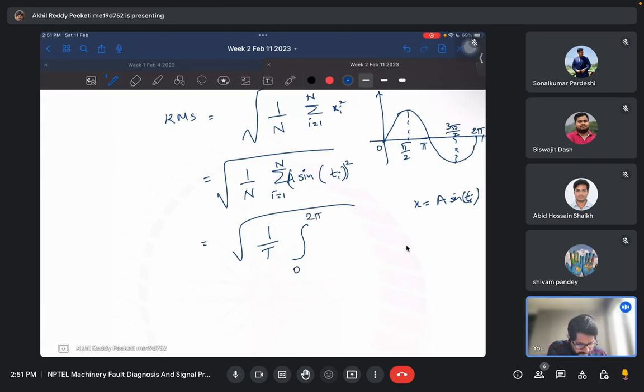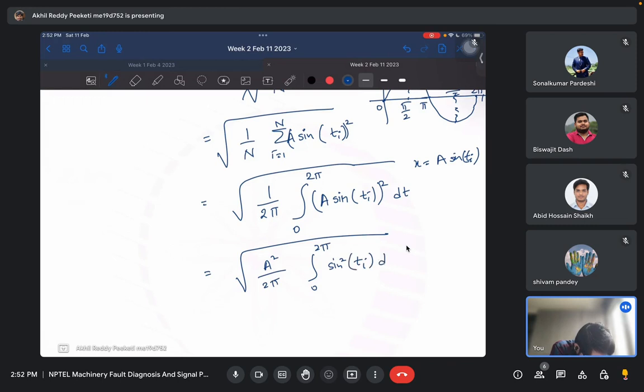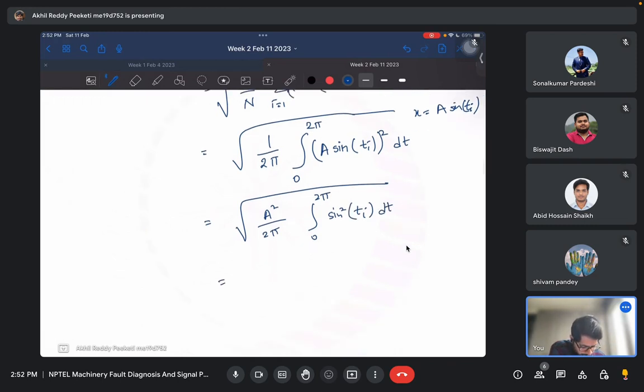So because we are deriving from 0 to 2 pi, this would mean a square by 2 pi integral 0 to 2 pi sin square t dt. Okay, so what would be the integral of sine square?